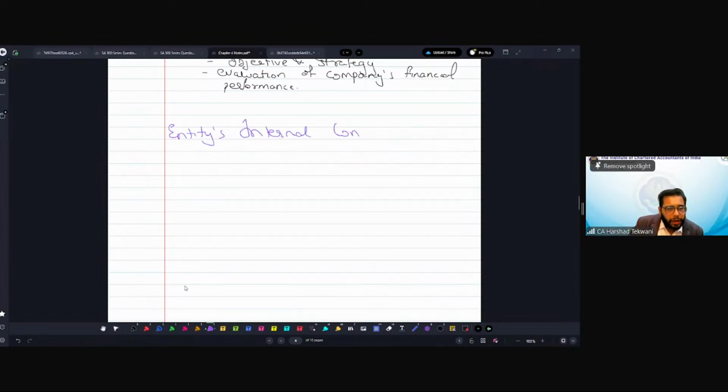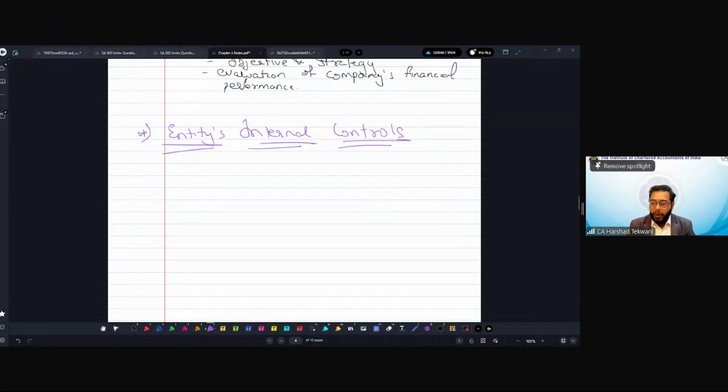Very, very important things we will discuss with this part, because here we are going to discuss some important aspects of internal control and some important aspects of the components of internal control.